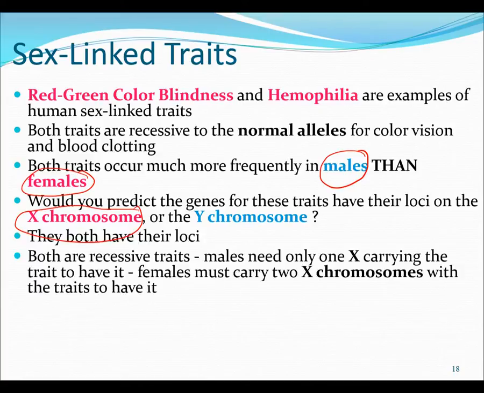All right, so they both have their loci on the X. The reason why men are more susceptible is because if it's on the X chromosome, and again, women don't have a Y, so it would have to definitely be on the X, but men would have more of a problem because women get two X's, so they get an X to negate the problem, whereas men get one X, and if they got a bad X, then they're going to have whatever that issue is.